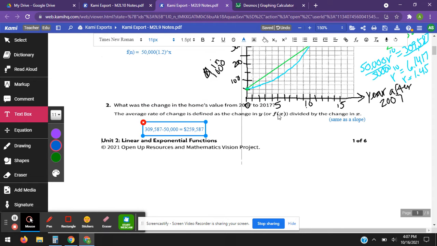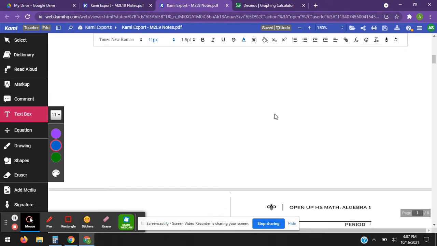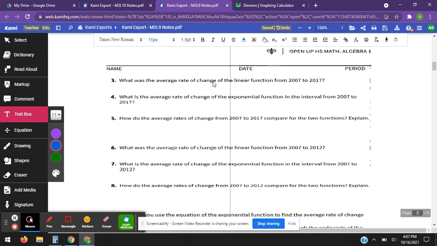So the average rate of change is defined as what the slope is. What was the average rate of change of the linear function from 2007 to 2017? Here's where I want to put that slope. It was 25,958.7, right? And what was the average rate of change of the exponential function?